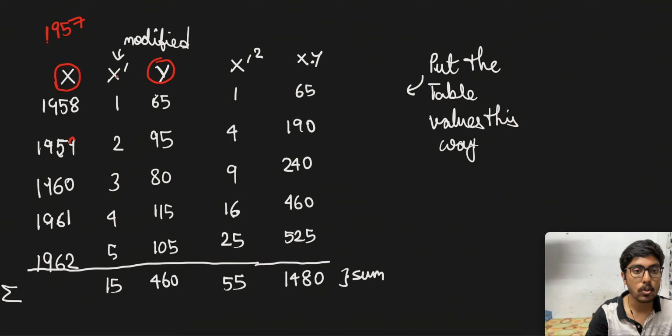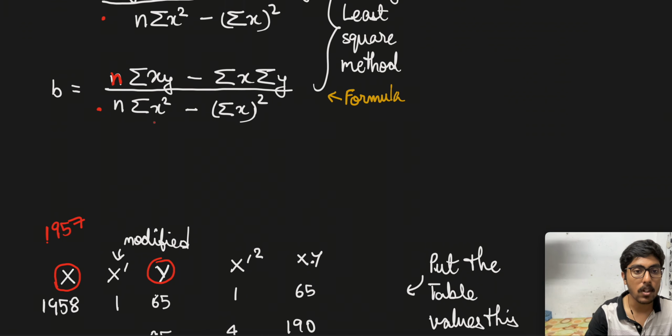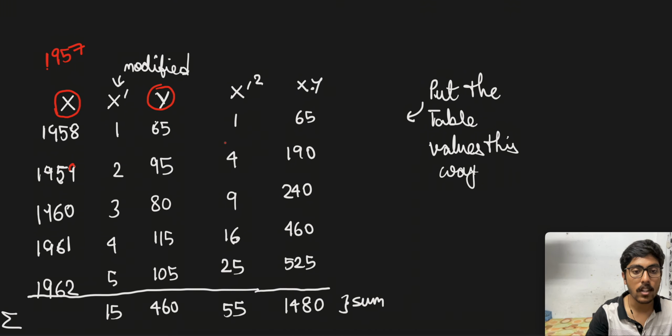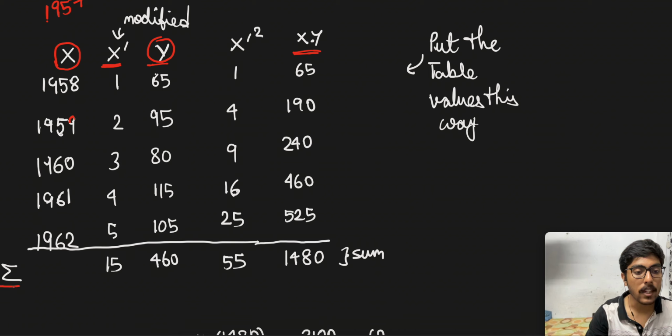Similarly we will now square x dash, since we will be requiring summation x square, and then we also calculate x dash into y, which is the product of these two, right? We will evaluate these two here, and then we will apply the summation.